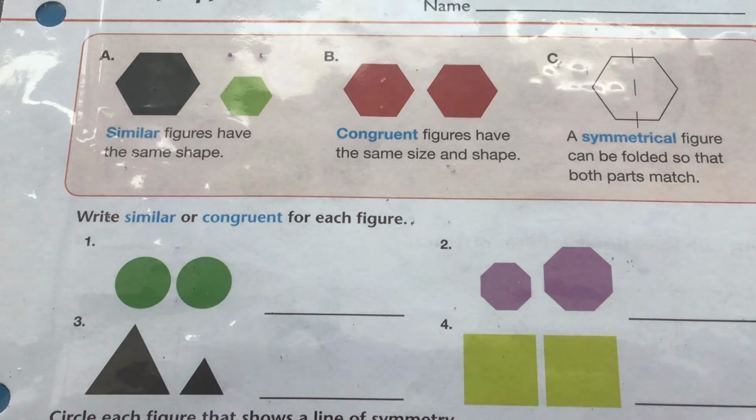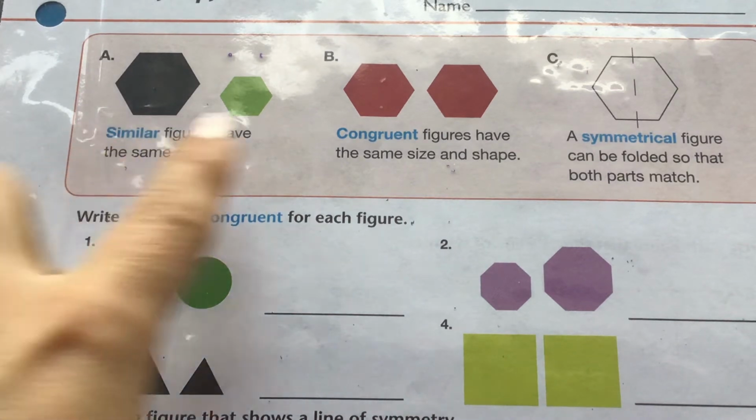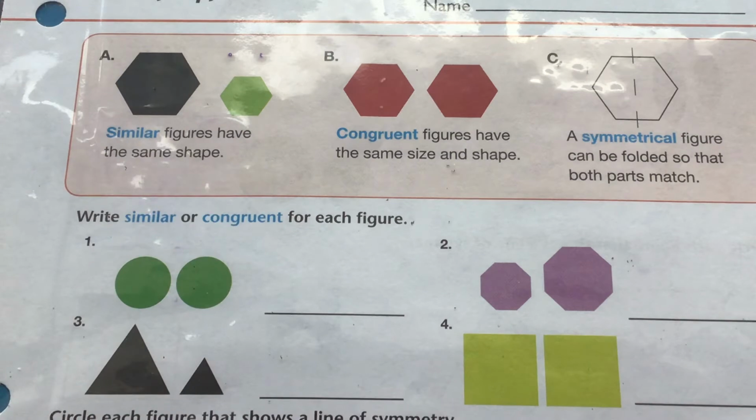They're introducing similar and congruent. Similar figures have the same shape. So when we describe figures as being similar, it means that they're the same shape. Here at the top we have two hexagons. They're both hexagons.